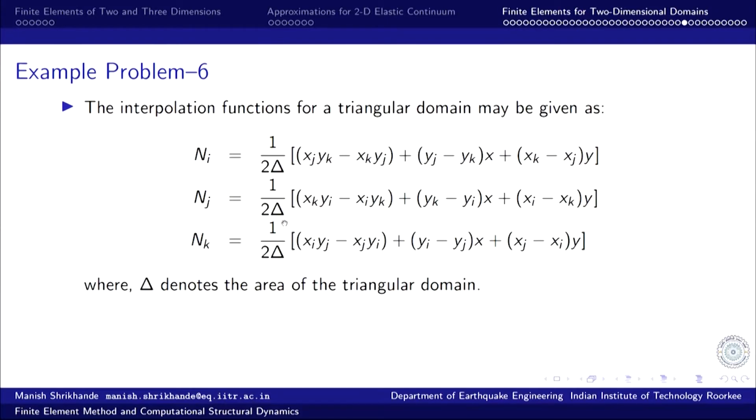Similarly, by cyclic permutation, we can derive the interpolation for node j and node k, and you can see that wherever we have j for the ith node interpolation, that is replaced by k for node j's interpolation, and so on. So, cyclic symmetry holds in this case.